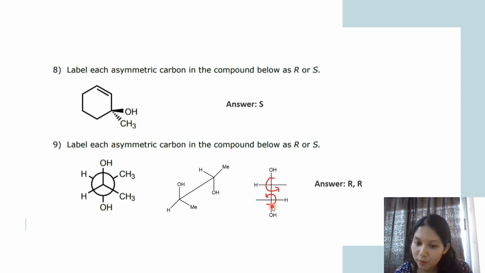So, if we move from 1, 2, 3 in an anti-clockwise fashion, according to the rule, anti-clockwise will be R. Hence, this molecule will have two asymmetric carbon atoms having RR configuration. I hope this answer is clear to everybody, how we assigned these two centers as R and R.